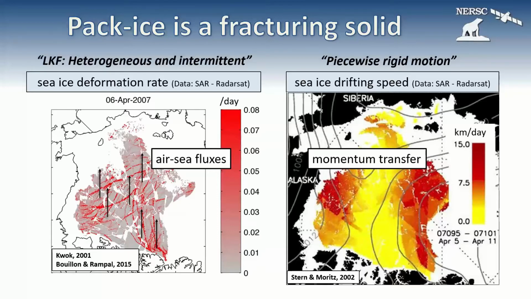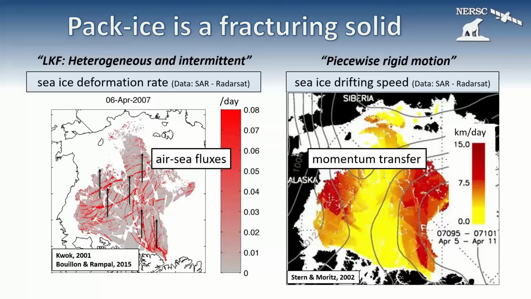And this relates, on the right, to the observed drift speed, which has very clear discontinuities in it. This links, in this case, to the coupled ice-ocean model.